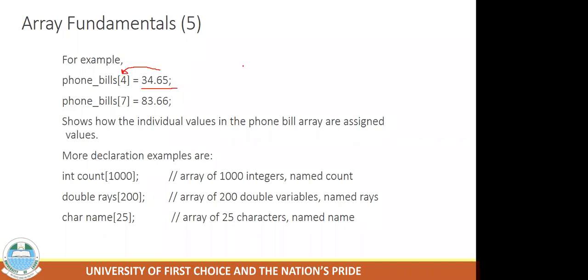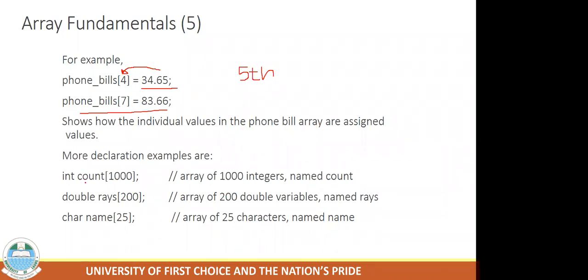That is to say, we are accessing the fifth array variable. Likewise, this is how you can now assign value. This is an example of how you assign value to your array variable. So this shows the individual values in the bill array, how they are assigned values.